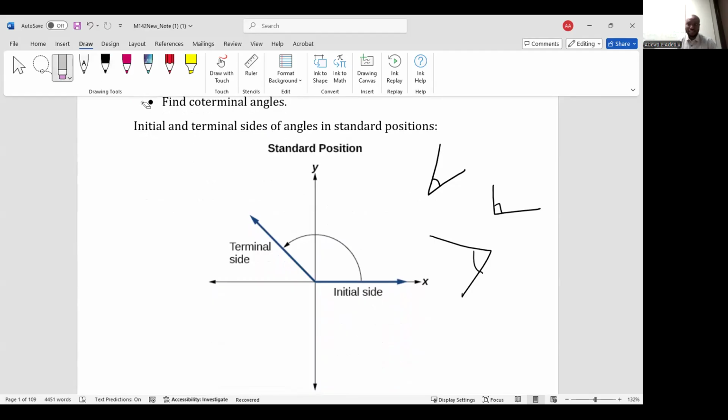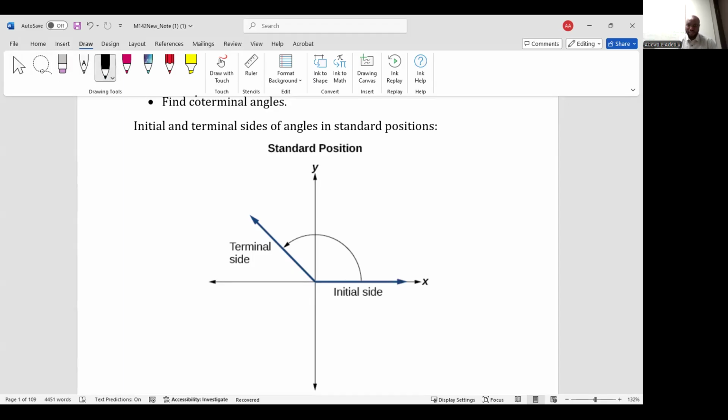But we want to look at a special way of making angles by starting from the initial side here, which lies on the positive x-axis, as you can see in this picture.